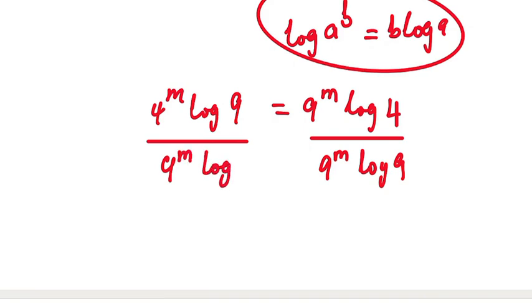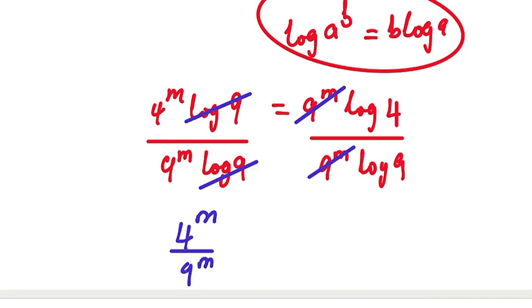Now by that you see that we cancel this here, we cancel 9 to the power of m here. So we are left with 4 to the power of m divided by 9 to the power of m equals log 4 divided by log 9. All right, so moving on.